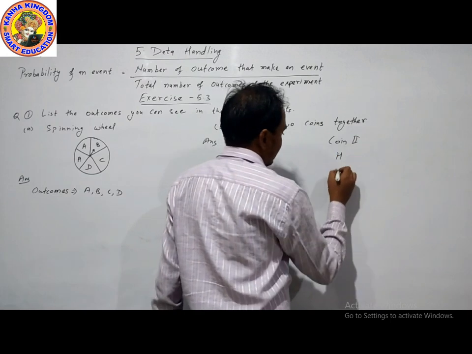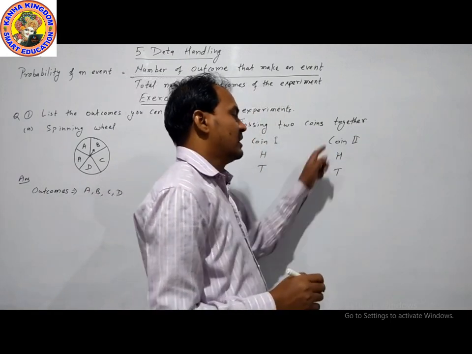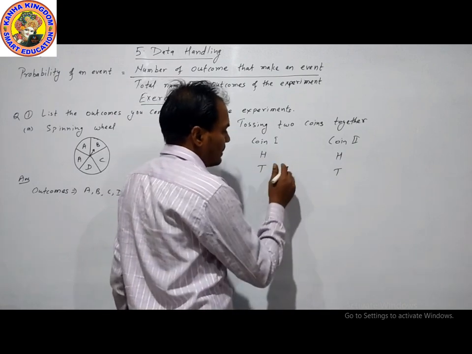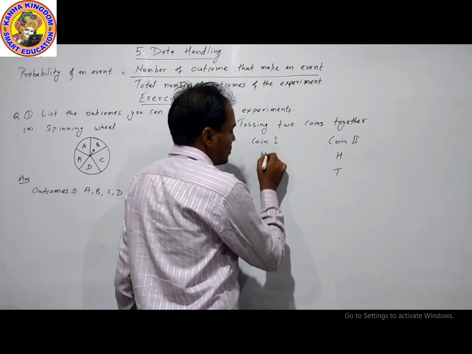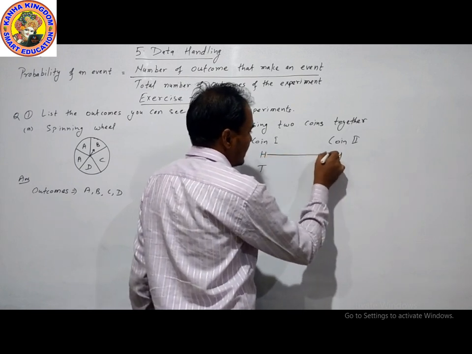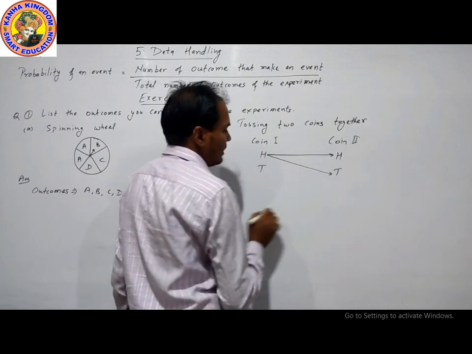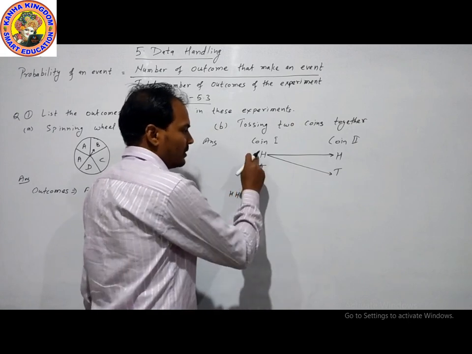The second coin also has head and tail. Now we are making pairs between them. If in the first coin head comes, in the second coin head or tail can come.